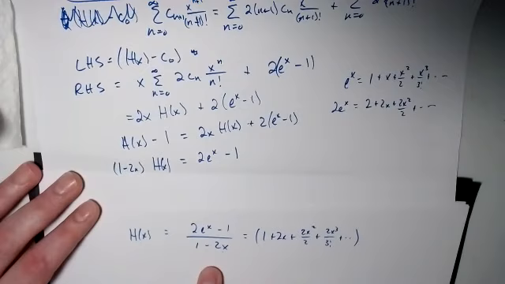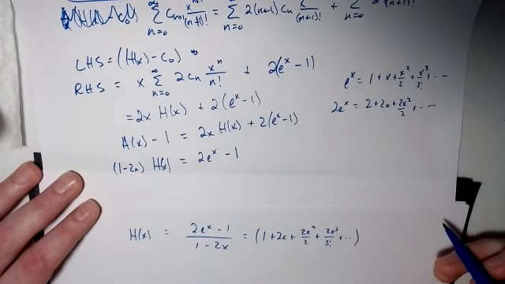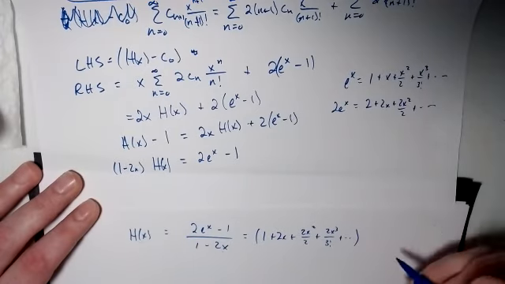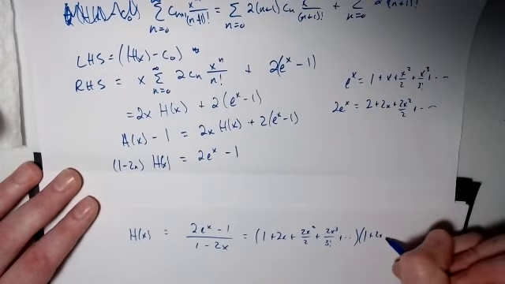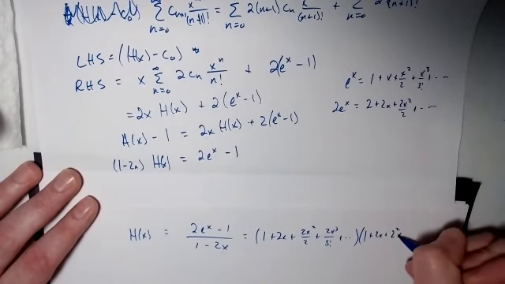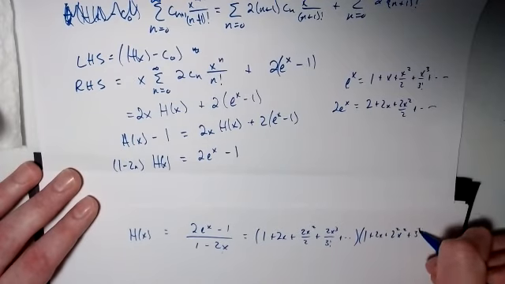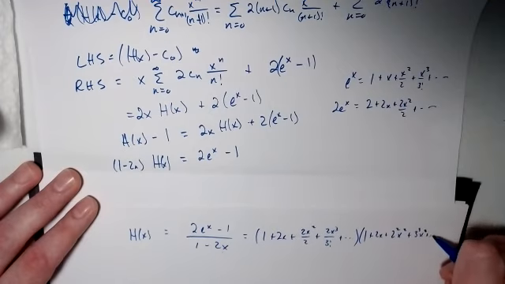And 1 over 1 minus 2x is 1 plus 2x plus 2 squared x squared plus 2 cubed x cubed, and so on.